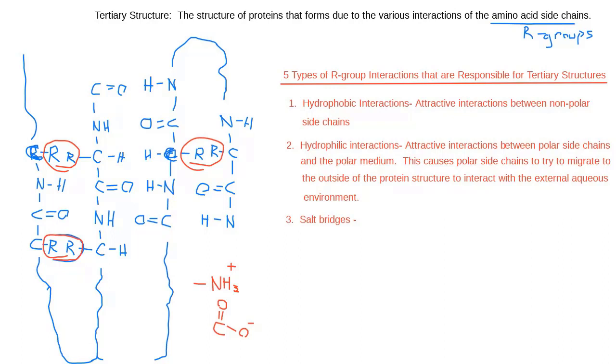So the salt bridge is basically ionic bonds. Ionic bonds are interactions between acidic and basic amino acid side chains.